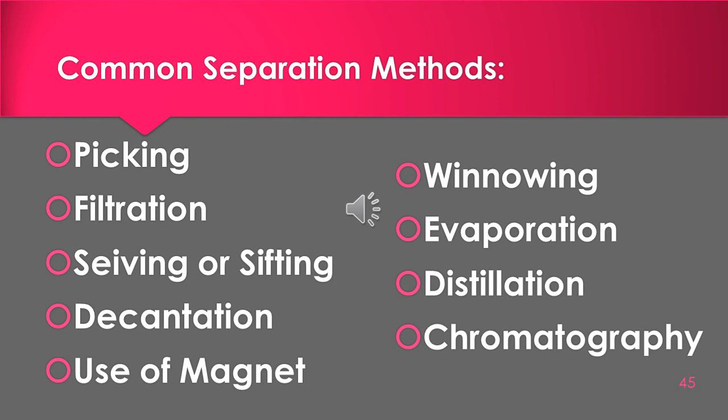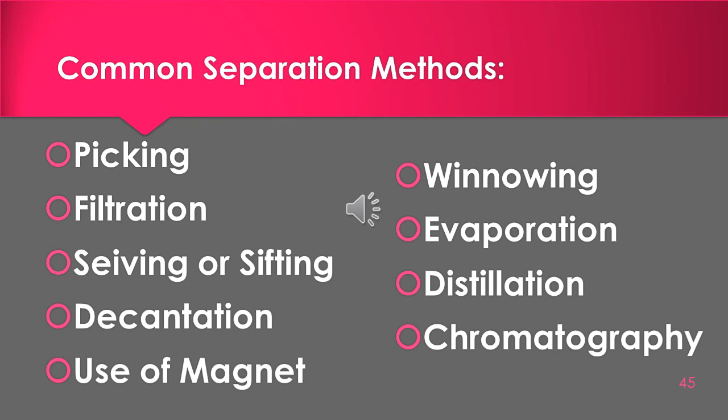Then we have sieving or sifting, basically using a porous material like a sifter or a net or a sieve to separate fine particles from bigger particles of solid materials. And then we have decantation, which basically means pouring or scooping, and the use of a magnet or magnetism. Then we have winnowing, which is commonly used by farmers to separate rice hulls from the rice grains.